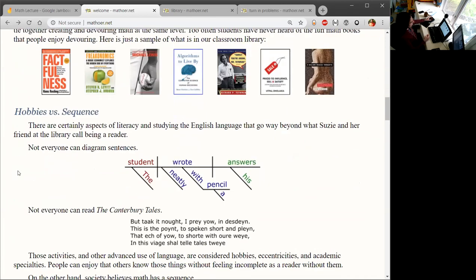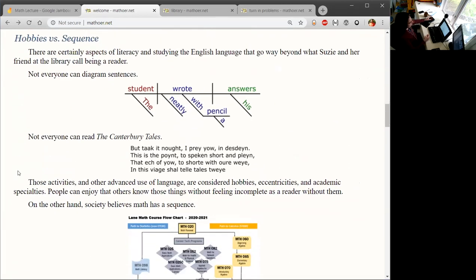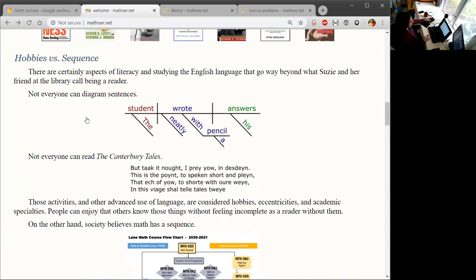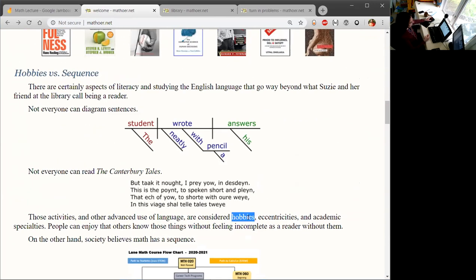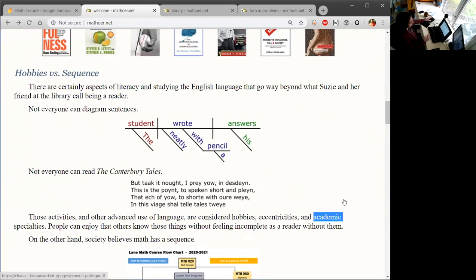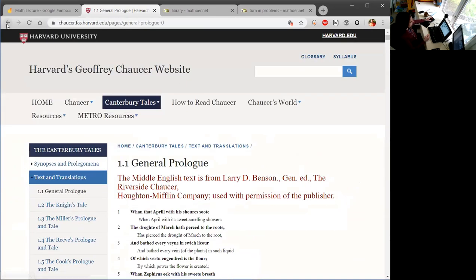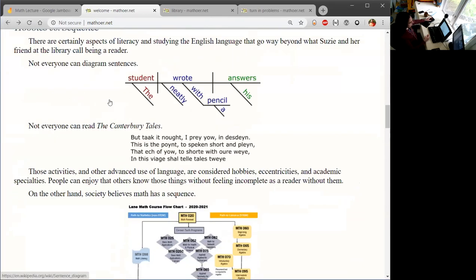Another thing that's different with math and language is going high up in the language skills tends to be something that people say, oh, that's your hobby, or that's your eccentricity, or that's some academic specialty you have. Whoops, I don't want to go there. So no one these days needs to diagram sentences or read Old English from the Canterbury Tales.